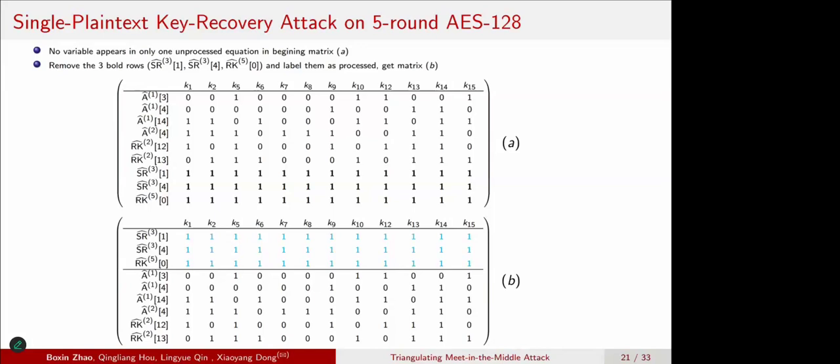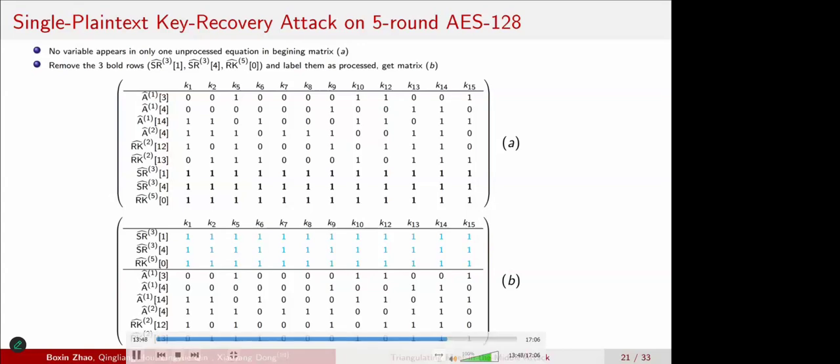We first encounter a matrix A where no variable appears in only one unprocessed equation. We then remove the 3 border rows corresponding to SR31, SR34, RK50, and mark them as processed, resulting in matrix B. Here, K7 only appears in A24 in the remaining equations.